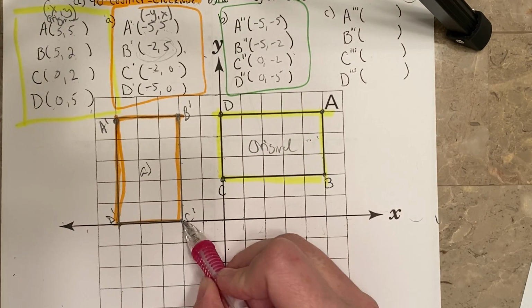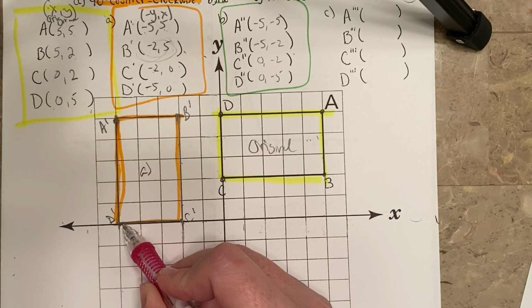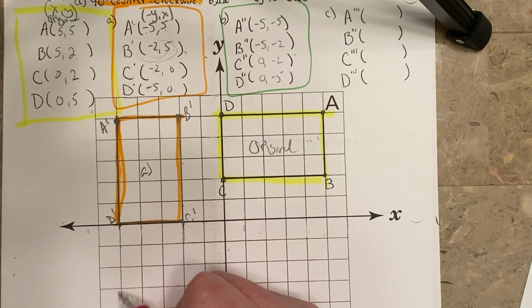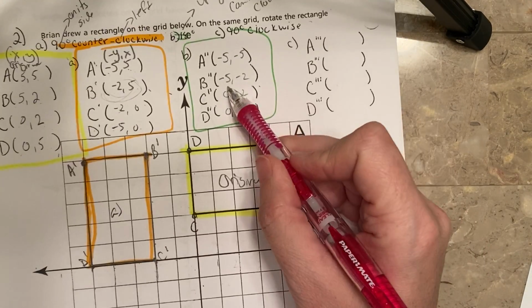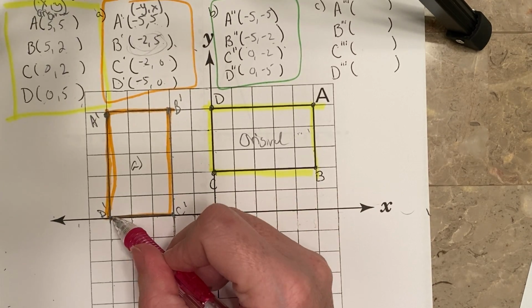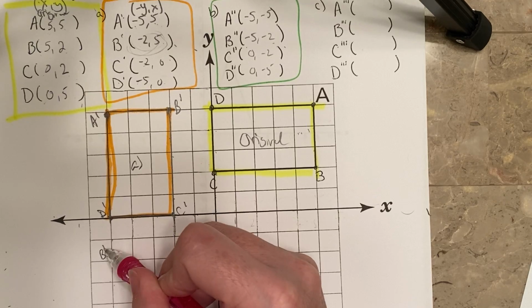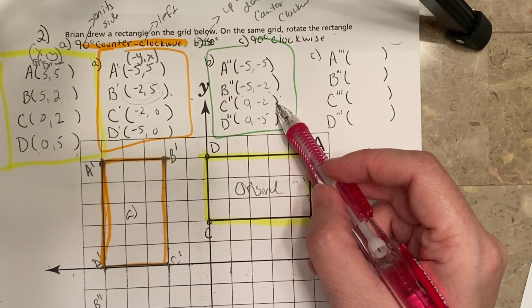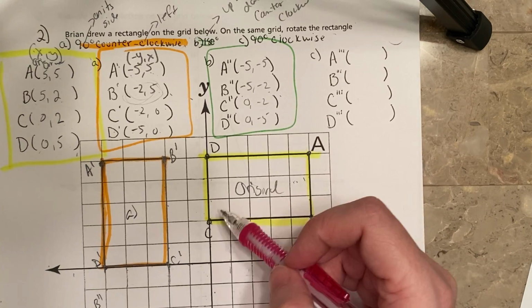So negative 5, negative 5. So 1, 2, 3, 4, 5, 1, 2, 3, 4, 5. So that's A double prime. Now we're going to do negative 5, negative 2. So go back to the origin. 1, 2, 3, 4, 5, negative 2. And then C double prime is 0, negative 2.